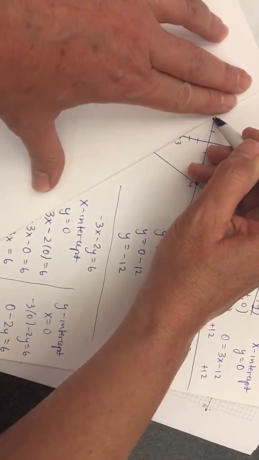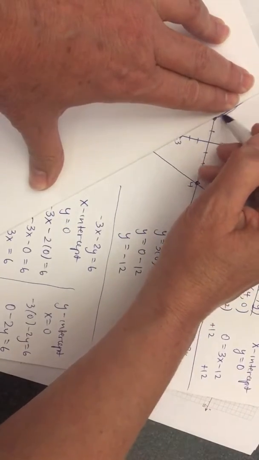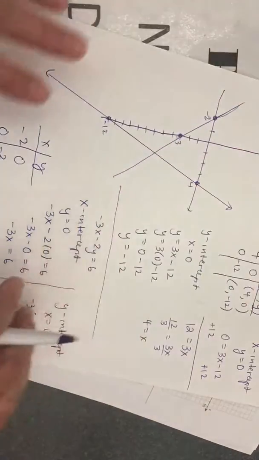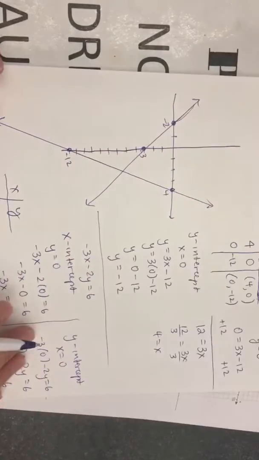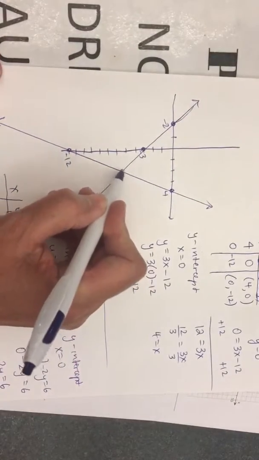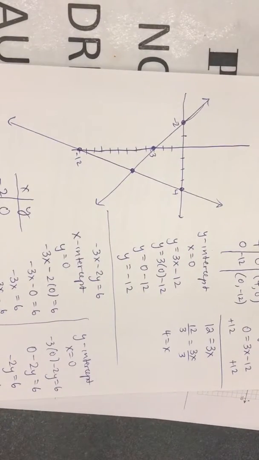Now on the computer, you'll secure those 2 points, and you'll get a very nice picture. This is my point of intersection. If I've graphed it by hand, I need to kind of guess what that might be.